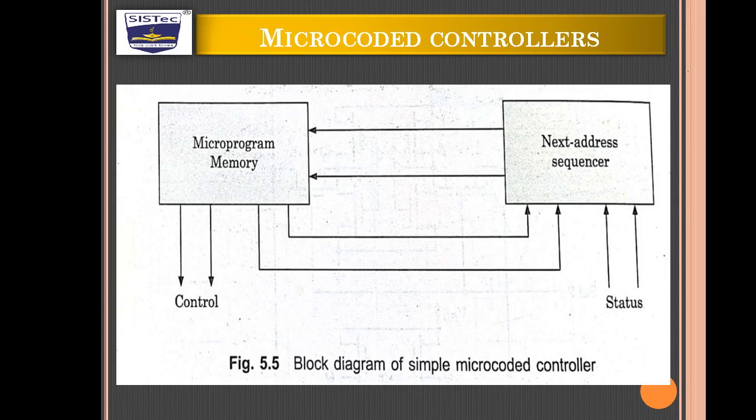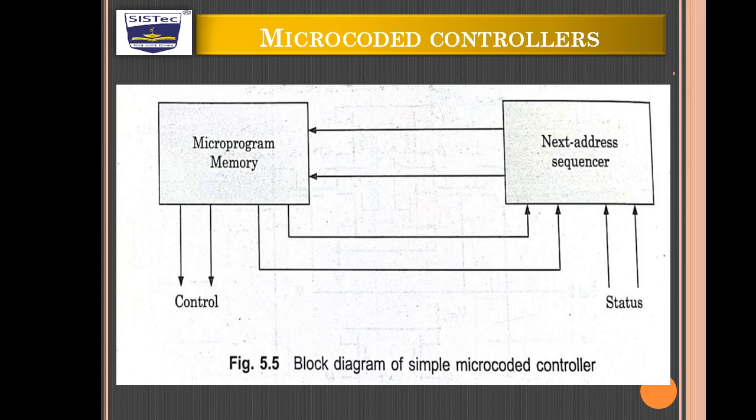A micro-coded controller is used basically for a large machine because this control requires the overhead of the next address sequencer, which requires design time and integrated circuit area.